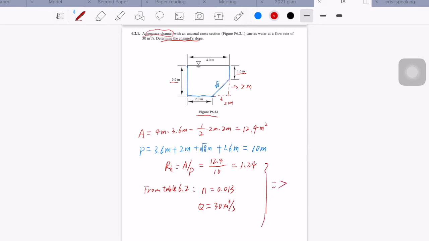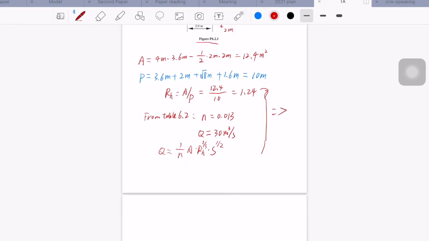According to Manning's equation, Q equals 1 over n times A times R_H to the power of 2 over 3 times S to the power of 1 over 2. So we can determine that S equals 0.000742. So we have done this problem.